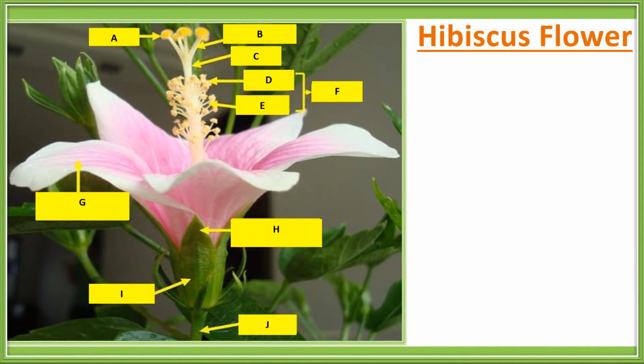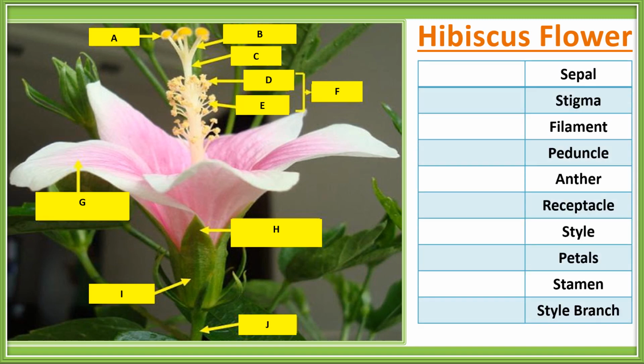Now we are covering them. We want to see if we can still recall the different parts. So we shall start with the sepal. The sepal is this one here. The stigma. Stigma is which letter? A is the stigma. Filaments. What is the letter of the filament? E is the filament. Pedicle.